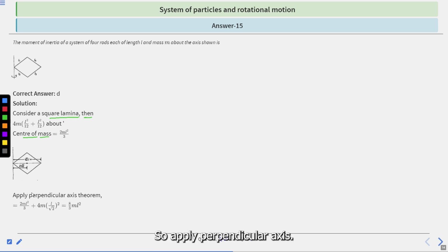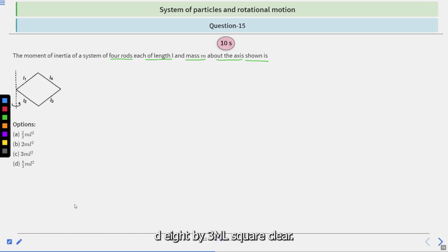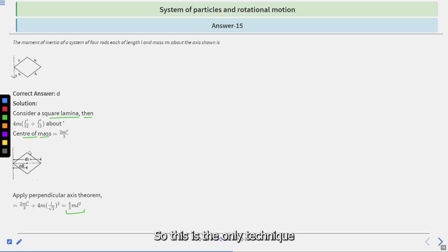Clear? So apply the perpendicular axis theorem. 2 ml square divided by 3 plus 4m L by root 2 whole square, which is equal to 8 by 3 ml square. Clear? 8 by 3 ml square. So the correct answer is D, 8 by 3 ml square. Clear? So this is the only technique to solve the question.